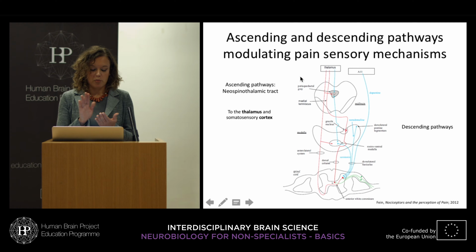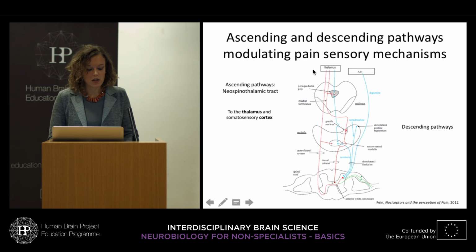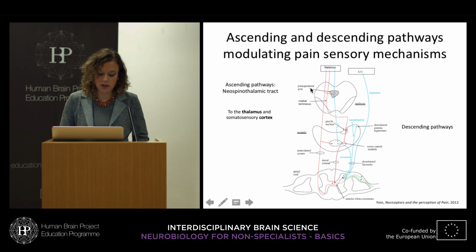Upon stimuli, your nociceptors are excited, the stimulus travels along, there is the synapse in the dorsal horn of the spinal cord, then it crosses to the contralateral side, and goes up to the thalamus and then to the somatosensory cortex. This one is called the neospinothalamic tract.